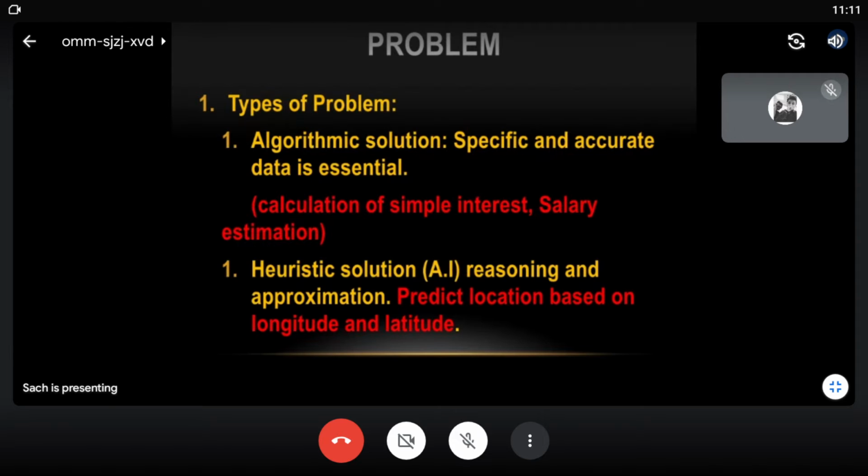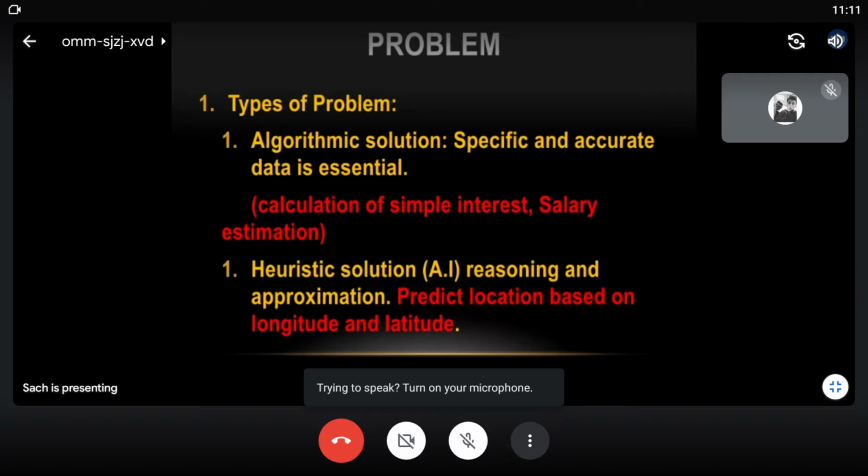So we get some approximate answer that the location is within this radius of some meters or so. So over here, the accuracy is not important, but the approximate answer is very essential. So AI is concerned with reasoning and approximation.